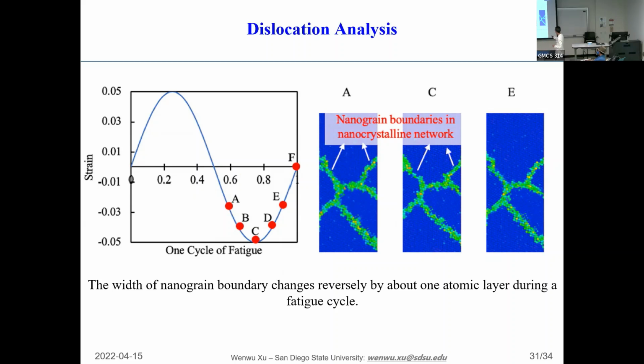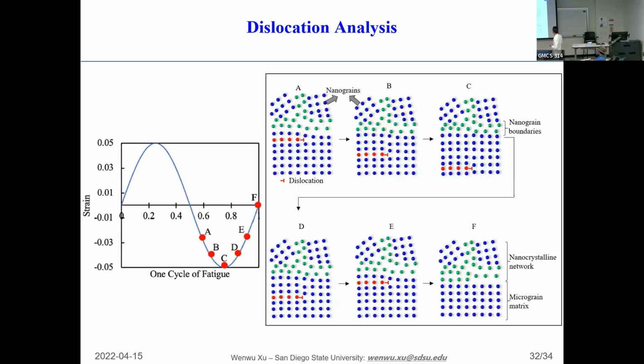And we actually noticed a little bit of width change of the grain boundary in the nanocrystalline component during the fatigue cycle. It's not that much, approximately 1 or 2 atomic widths throughout the entire fatigue cycle. This gives us an idea: you can imagine when we are compressing, the grain boundary has some additional space that it could use to buffer the external forces applied on the material during the fatigue cycle.